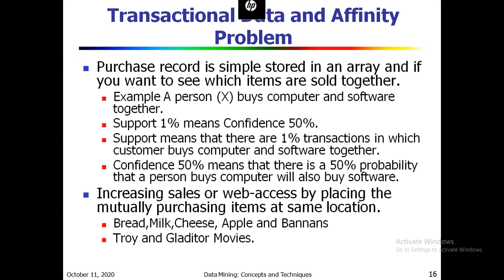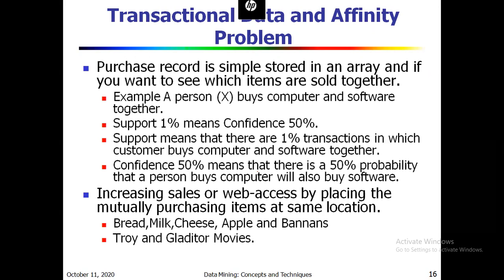So we check the grocery store and we want to evaluate that during this month there are 1,000 transactions, and in how many transactions, how many goods are purchased together. So this is the affinity problem. So this affinity problem is useful.